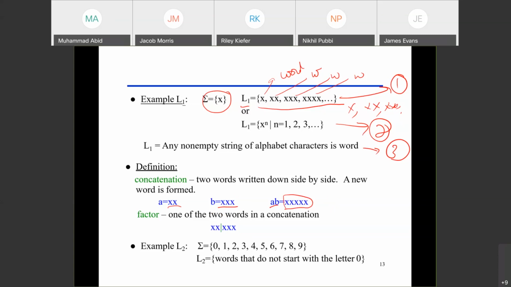Now factor means that when we have a word, we want to see whether we are able to find the alphabets, the letters we use to combine and make our word.